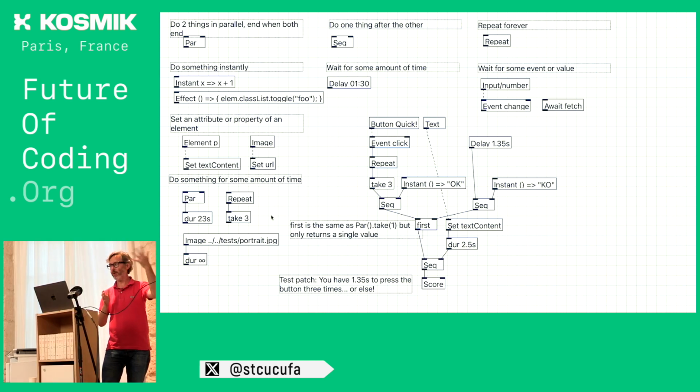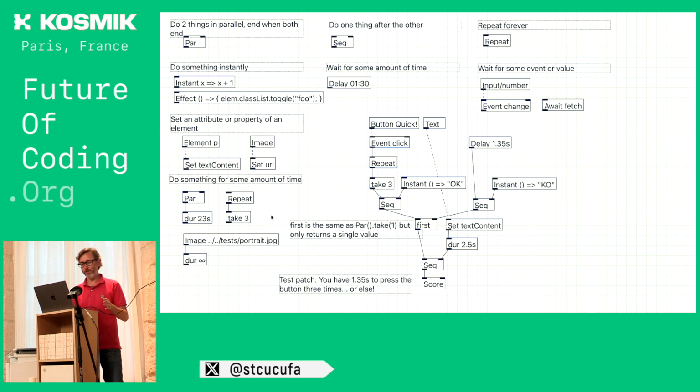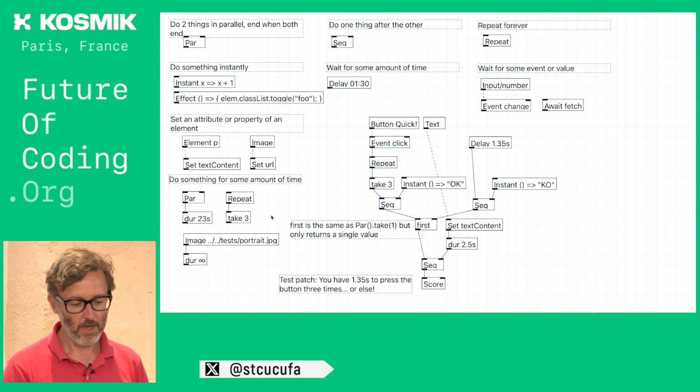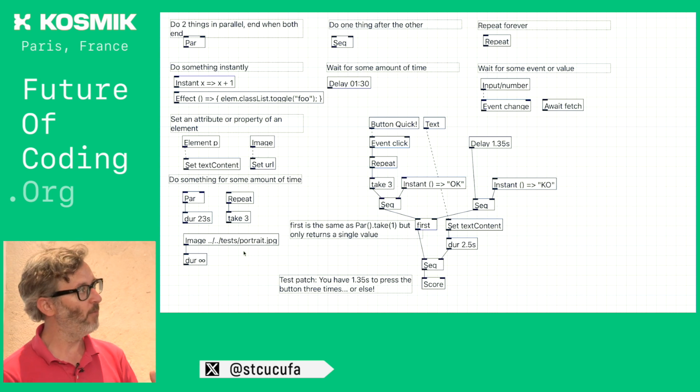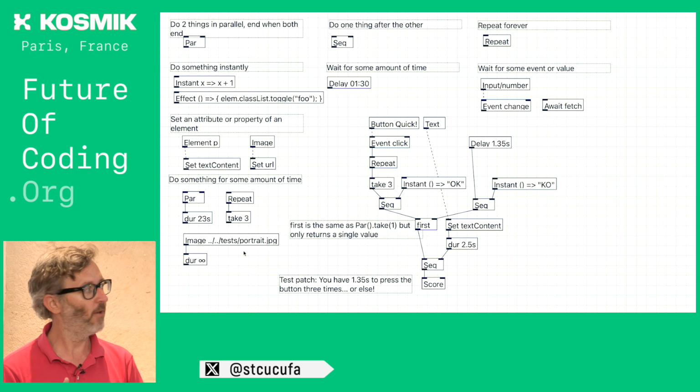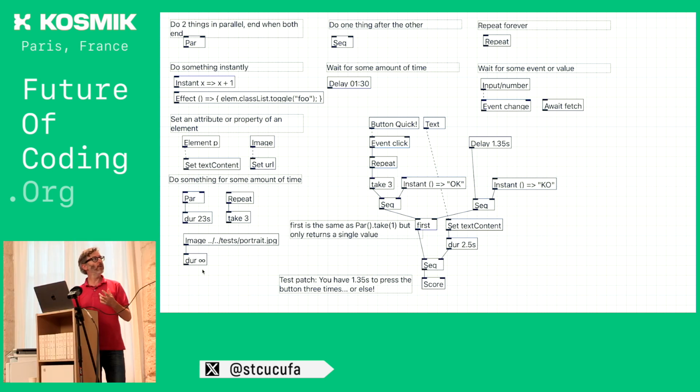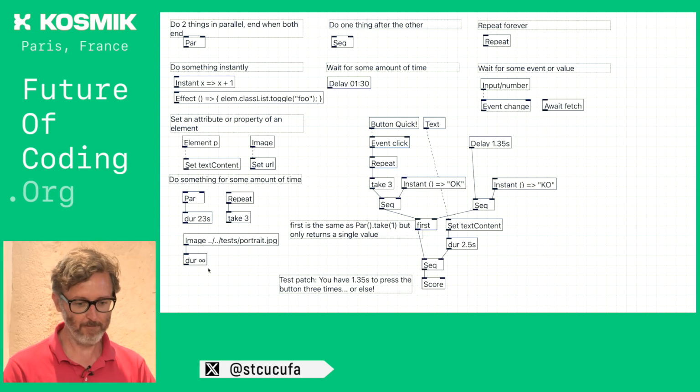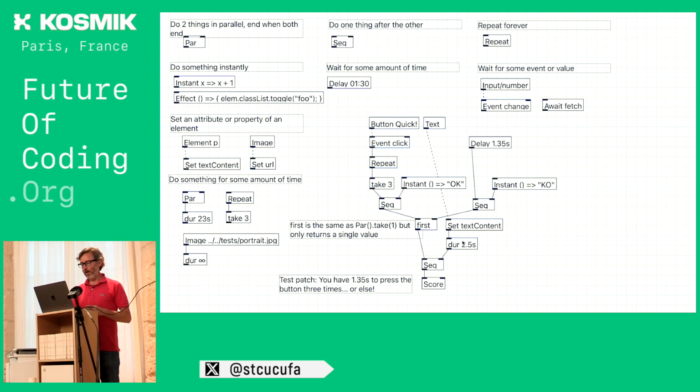Repeat is forever, but you can say, okay, I'm only interested in the first 3 iterations of my repeat. So with that, you can manipulate time in your program. Of course, you can also say that you want something to last forever. So you have an image and you want to show it, and you want it to show forever.